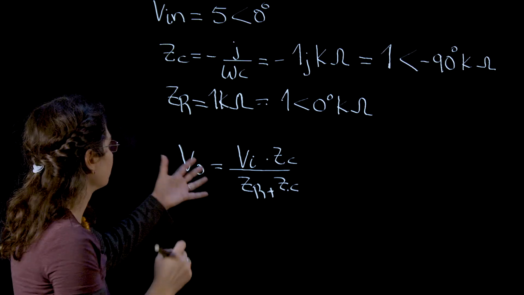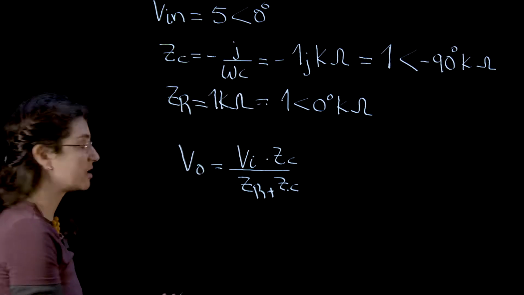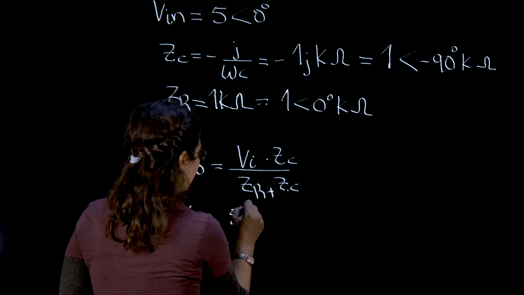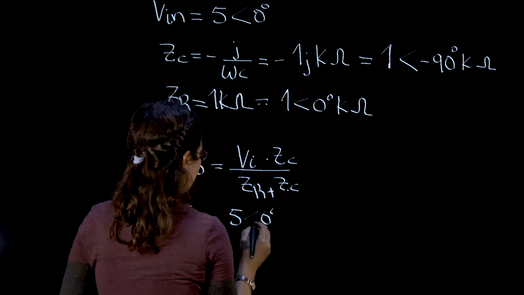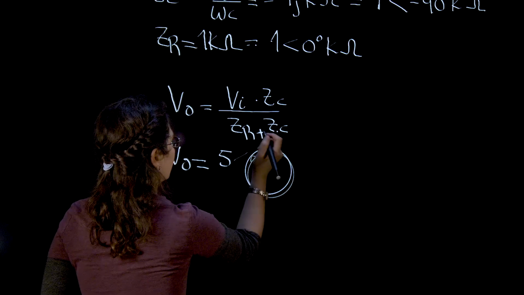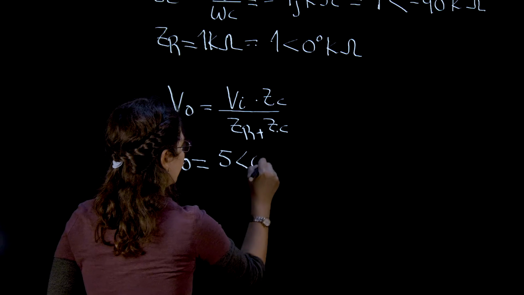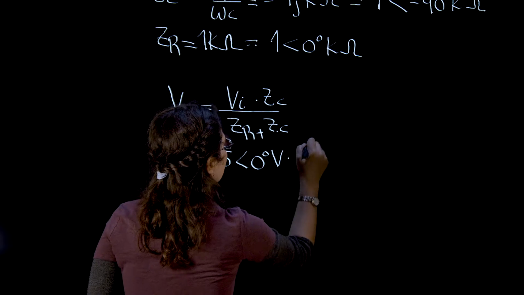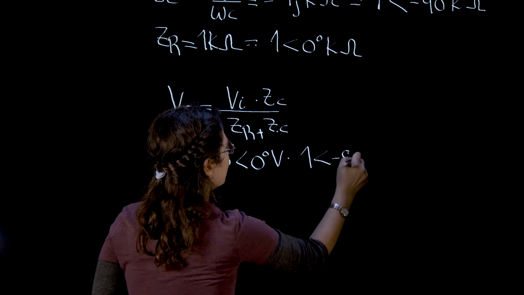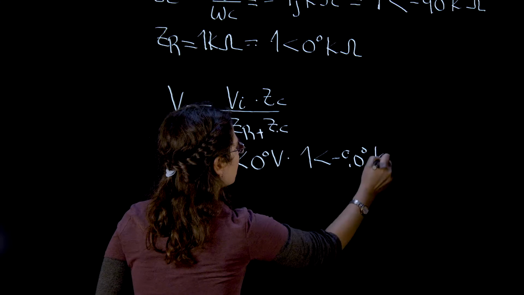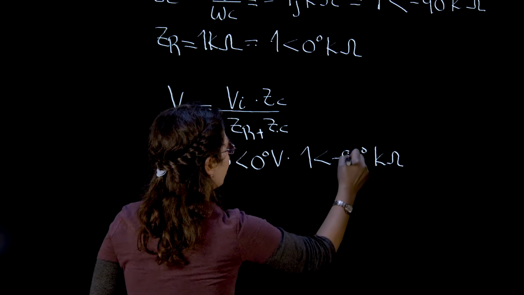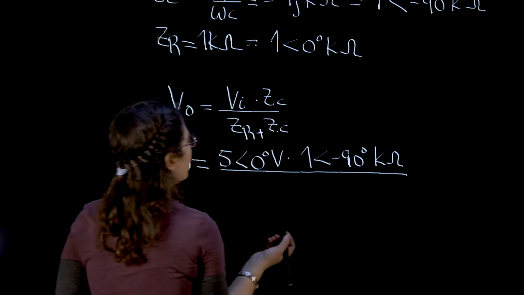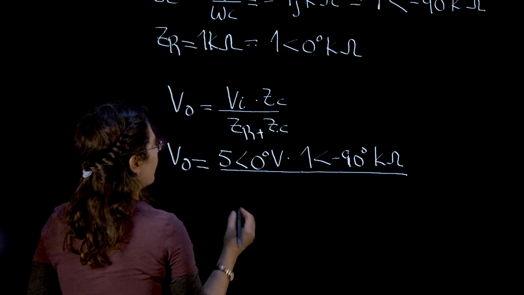And then we just plug in the numbers in their phasor representation form, and I have 5 at 0 degrees volts times 1 at minus 90 degrees kilo ohms. That's my phasor representation of my capacitor's impedance over the sum of both.